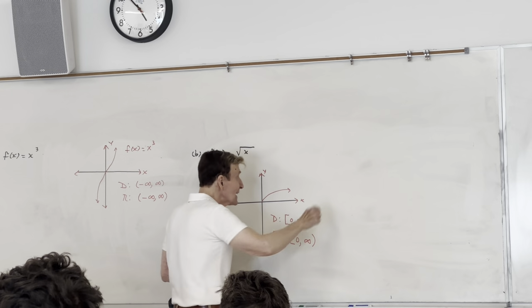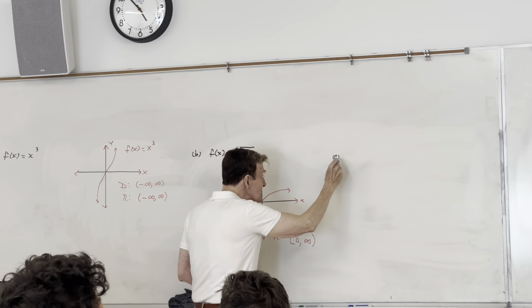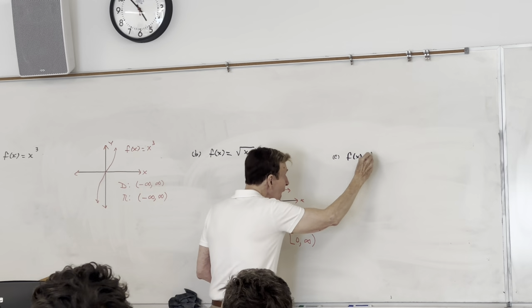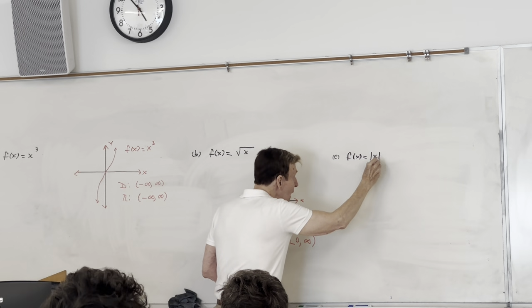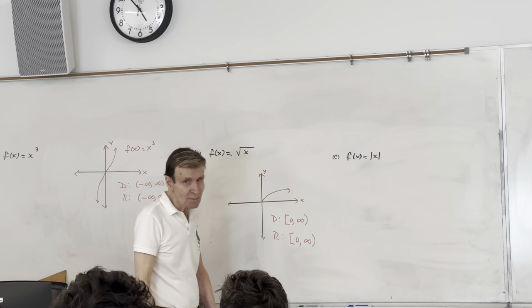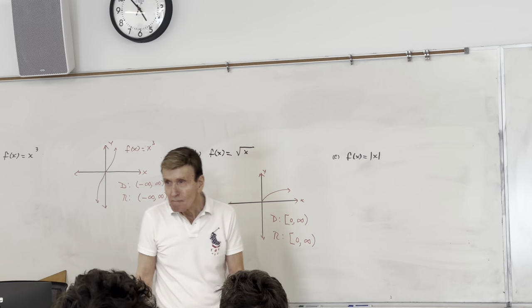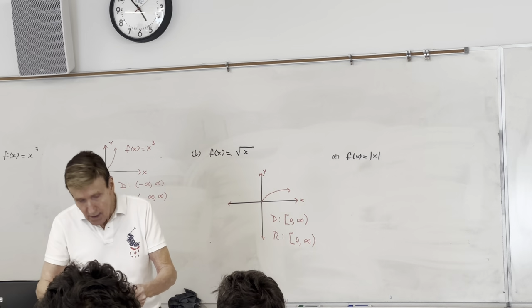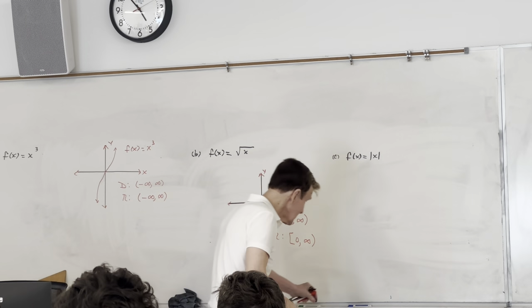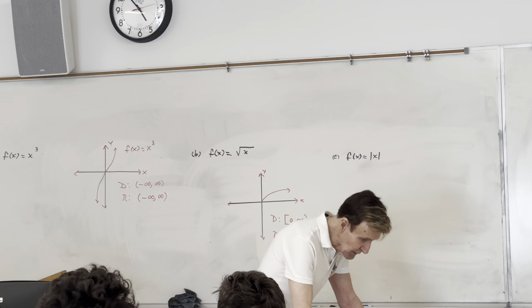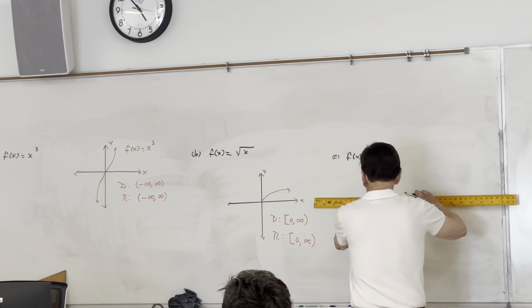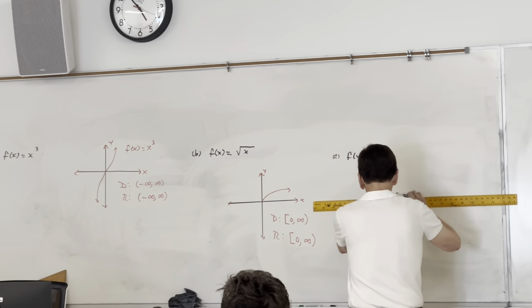Letter C, we may have forgotten this one. I think it's on there. The absolute value of x. What does the absolute value of x look like? And your handout says, and we'll see the domain and the range, and take a look at this. I think it looks a lot like a V-shaped graph.